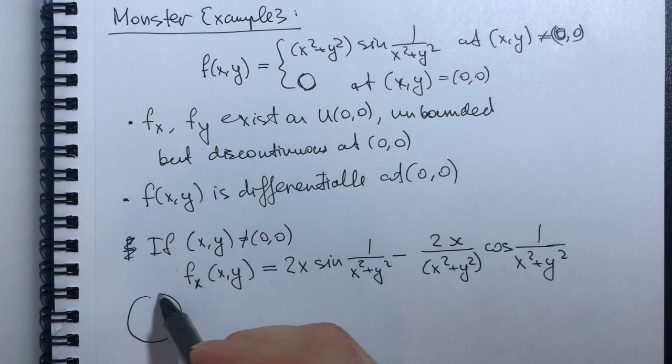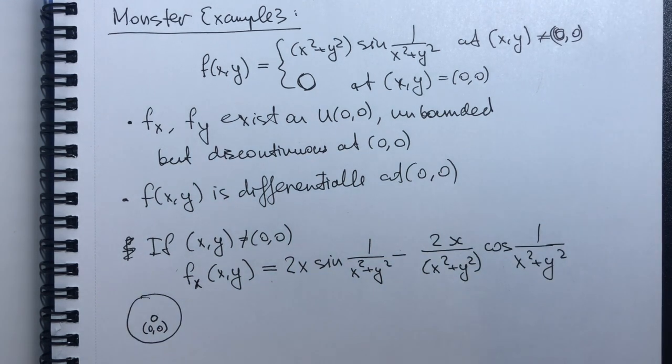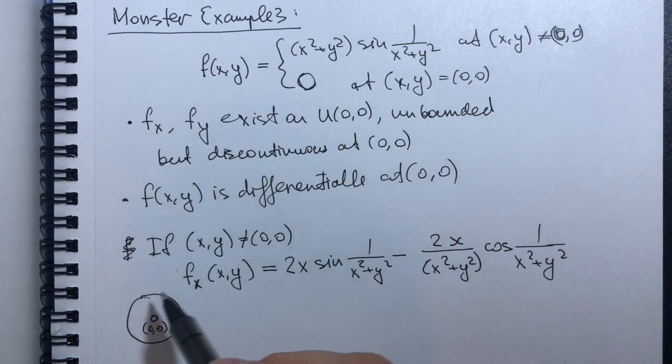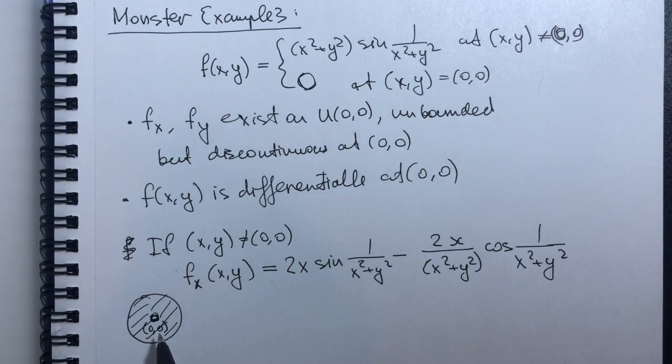fx and fy exist on any neighborhood around this point 0, 0, but we need to exclude that point. So this is our point 0, 0, but this expression is not applicable to this point. So we know that these partial derivatives are defined on a neighborhood excluding a point. But what about the point itself?